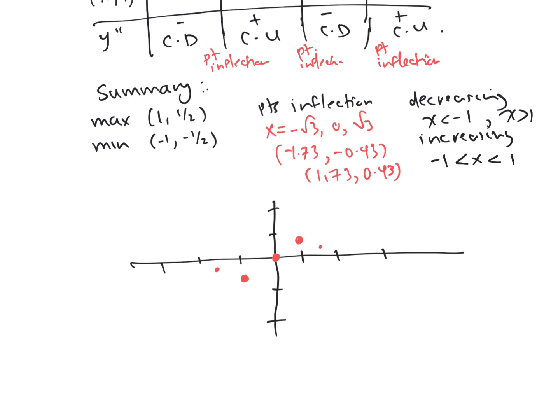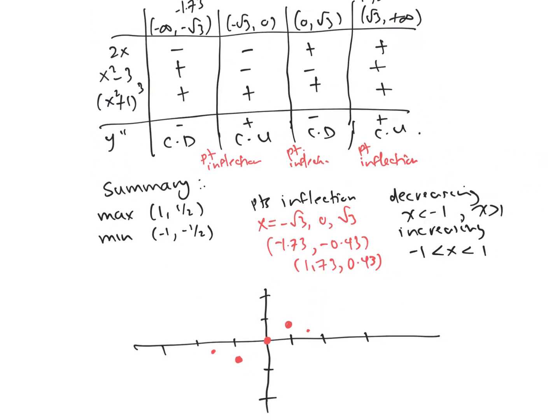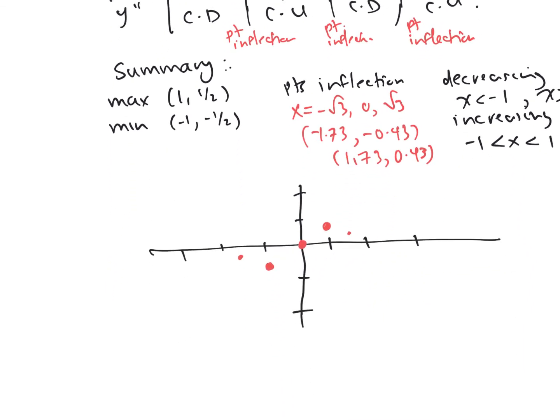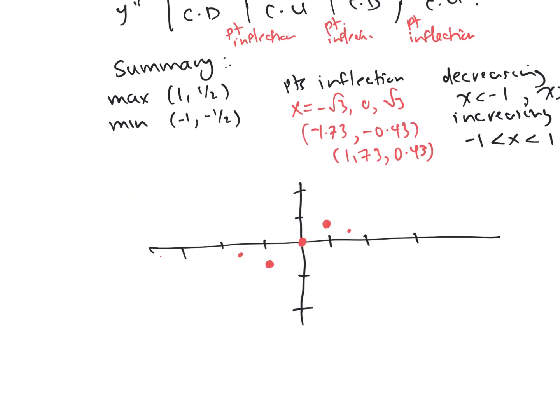So before -1/2 to -0.73, it's going to be concave down. So it's going to be concave down. Then it goes concave up, and that's where it starts to increase. So I know it's decreasing to -1, and the concavity changes at -1.73.